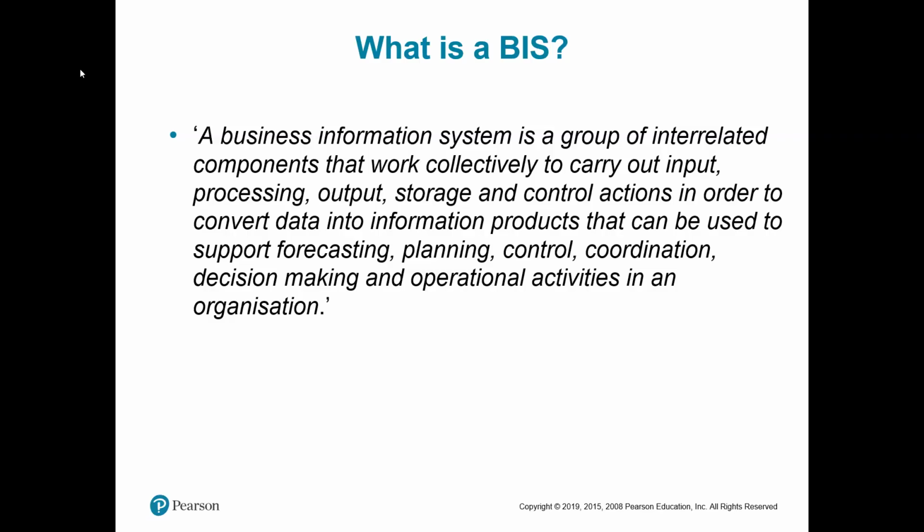And then we move on from the information to store this information. So this system will help us to enter input into our computer, process this input, and then as we process this input, we come out with an output, which can be stored, and then control actions.